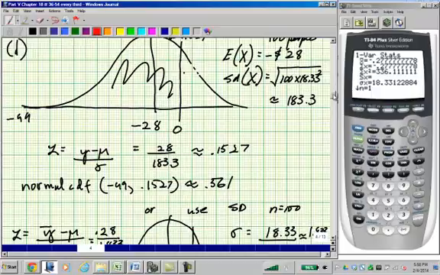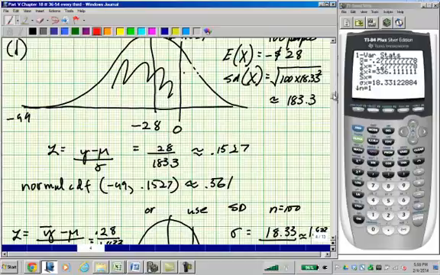And find the z-score for 0, which is 0 minus negative 28, which is 28, over $183.30. So that's approximately 0.1527.